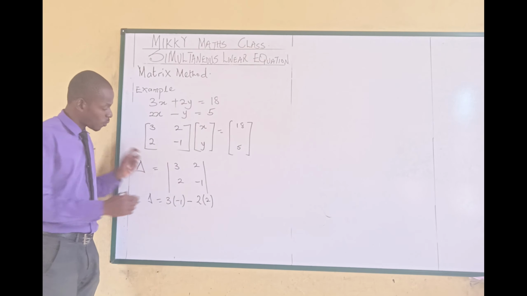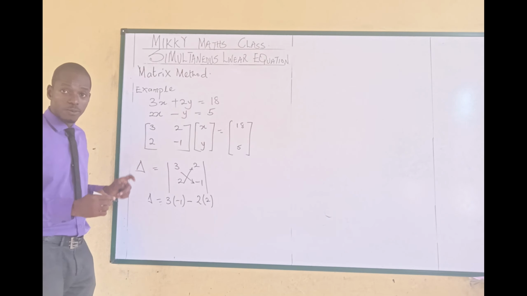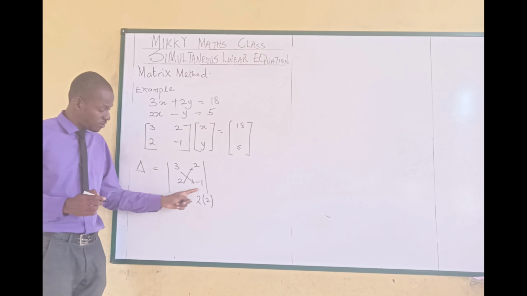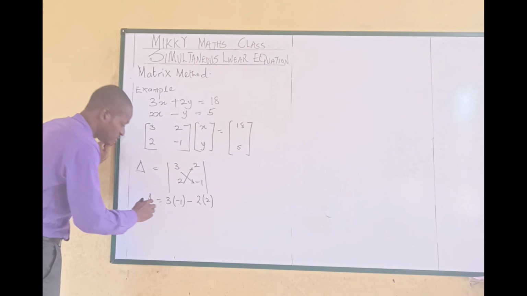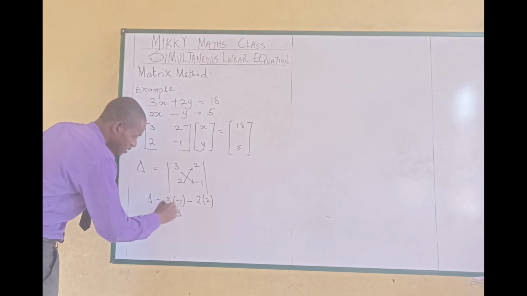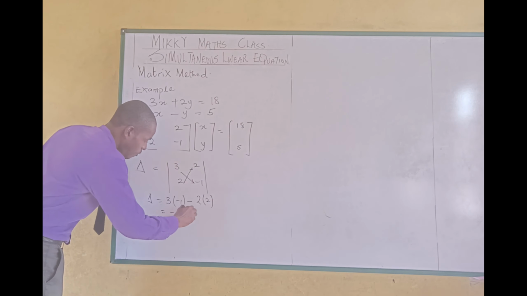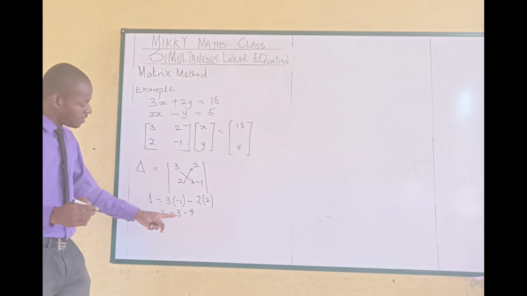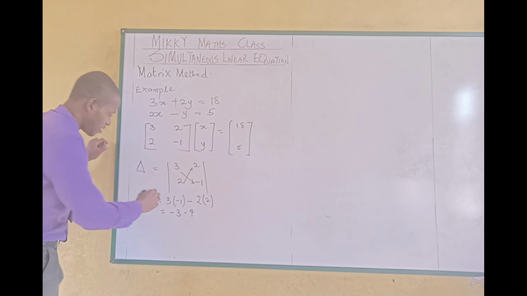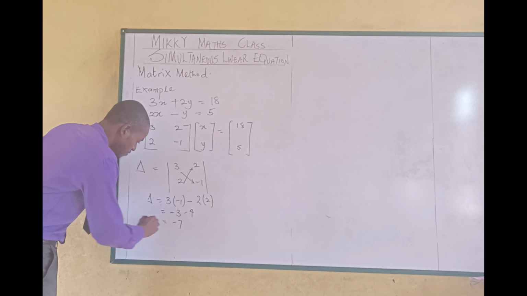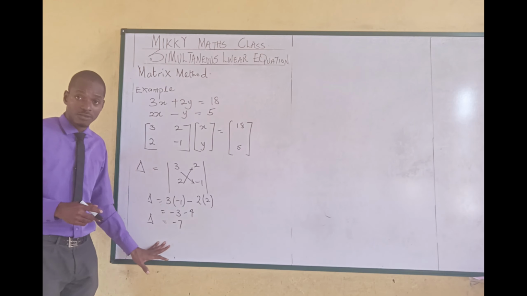That's how we multiply the matrix: 3 times this minus this times this. So 3 times negative 1 is minus 3, then 2 times 2 is 4, so negative 3 minus 4 is minus 7. Our determinant is minus 7.